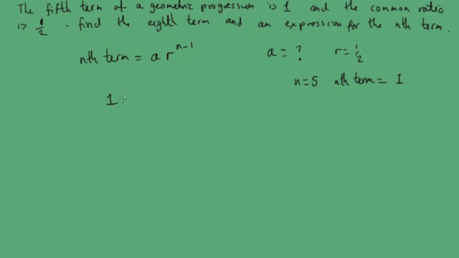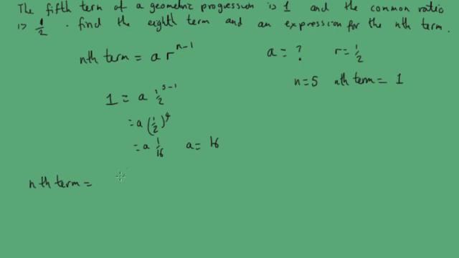So 1 must equal whatever A is, which we don't know, times a half raised to the power 5 minus 1, which is a half to the power 4, which is A multiplied by 1/16. So A must be 16.